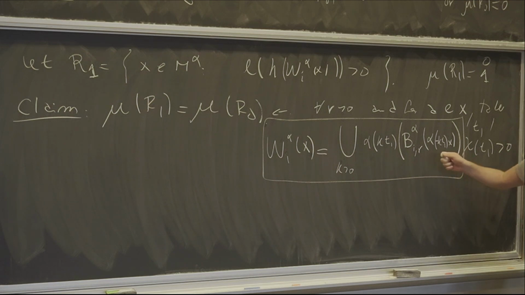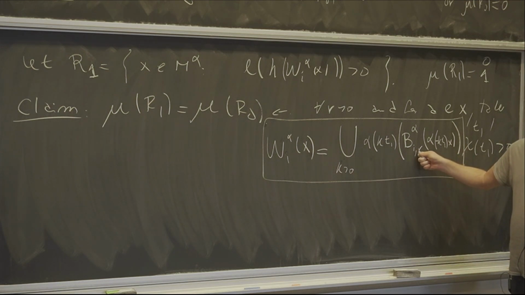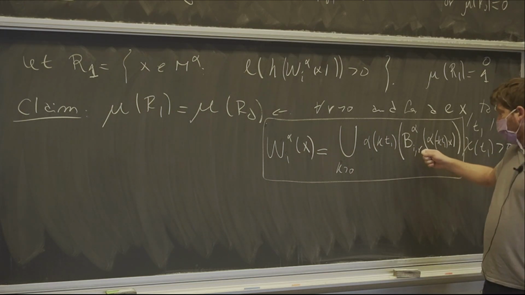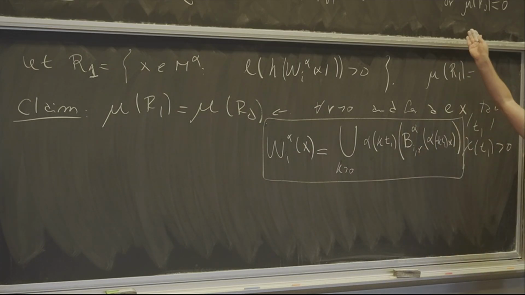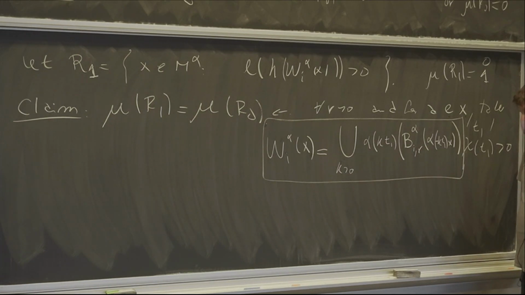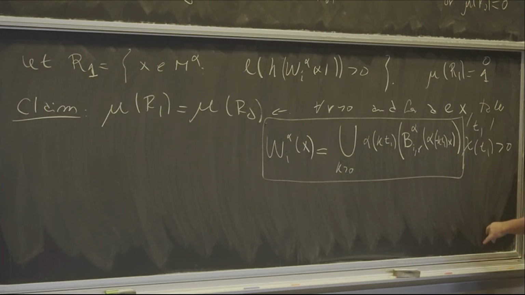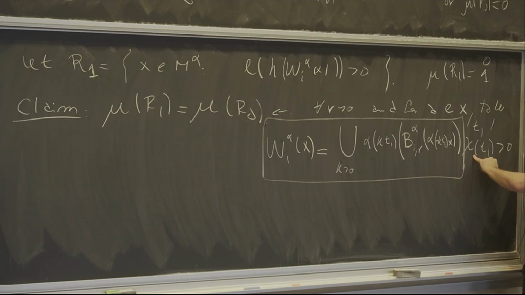So at some point their distance is smaller than r and stays smaller than r, actually, but it doesn't matter that they stay, I just need the union. So at some point the distance is smaller than r. Doesn't matter how far they are, at some point this is true. And this is true for almost every x by Pesin theory and this characterization of this Wi manifold as the intersection of possible unstables.